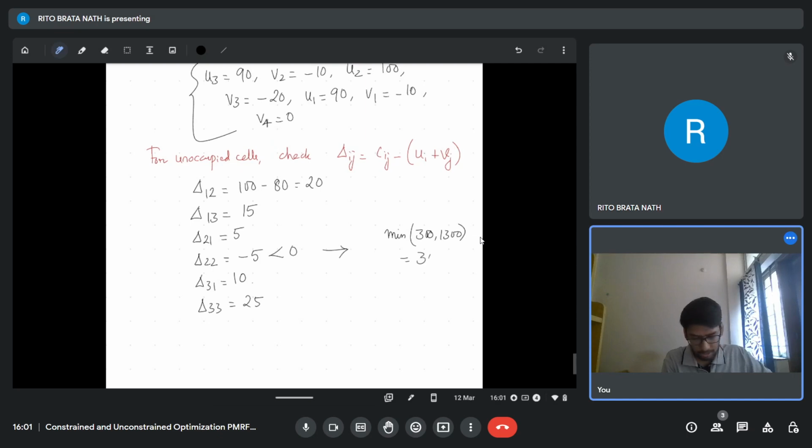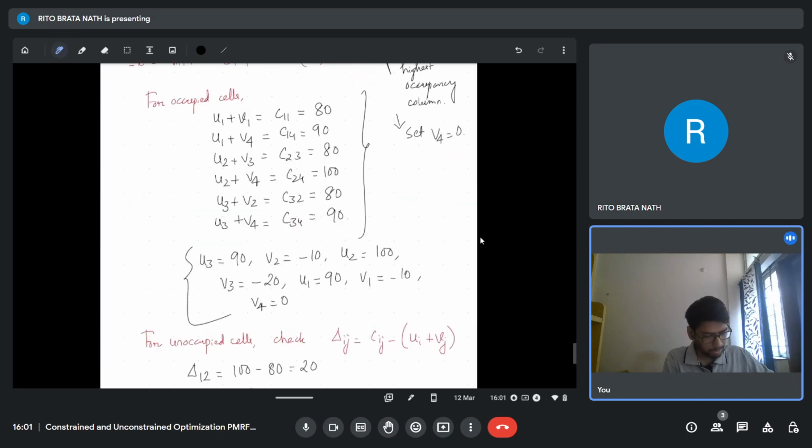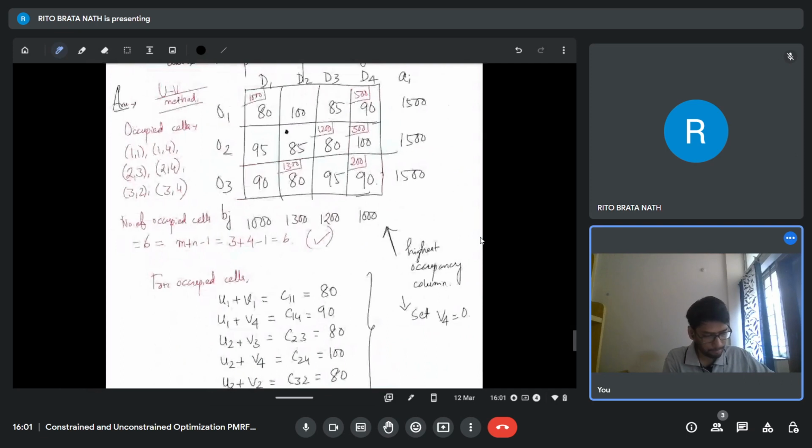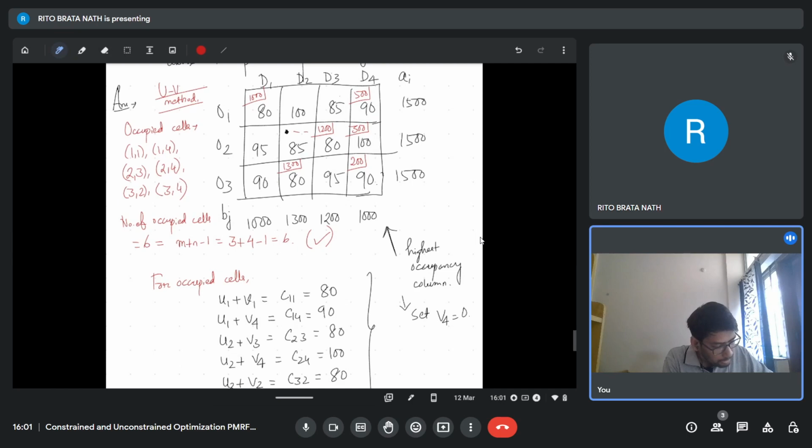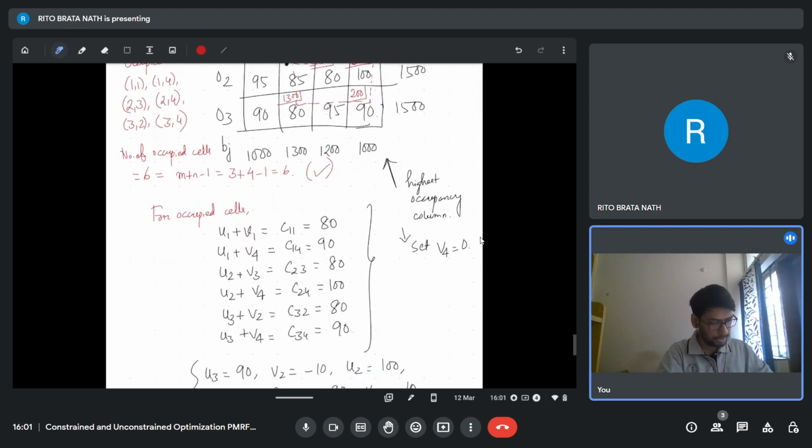So that's 300, and 300 is the amount you can shift to that row, right? Then you can construct a cycle like this. If you're increasing 300 there, you can decrease 300 from here. That means you have to increase something here, then decrease something here, and again come back to this. So your allocations now will be slightly different.